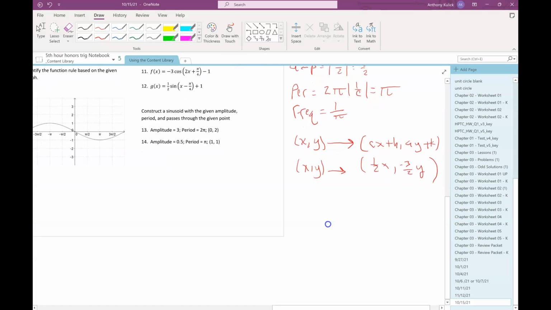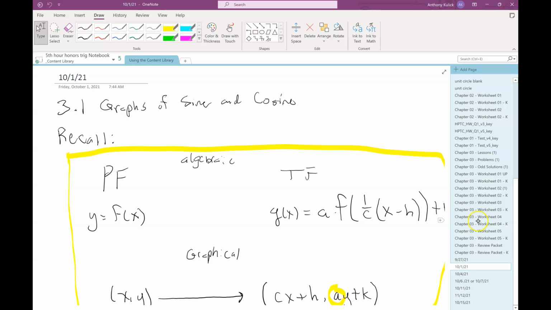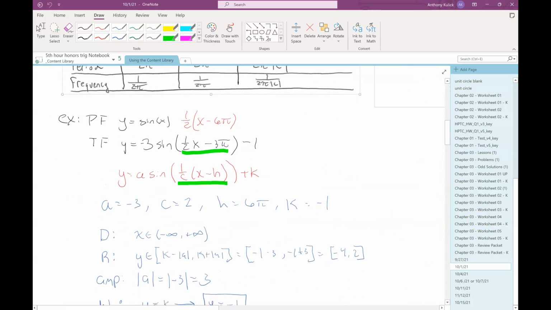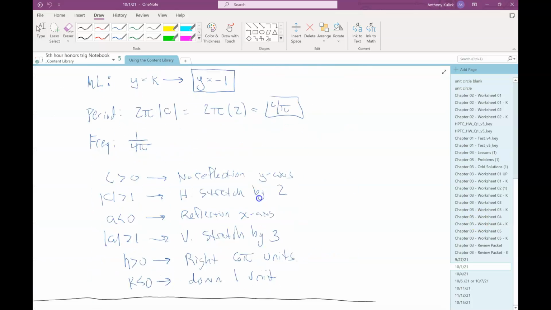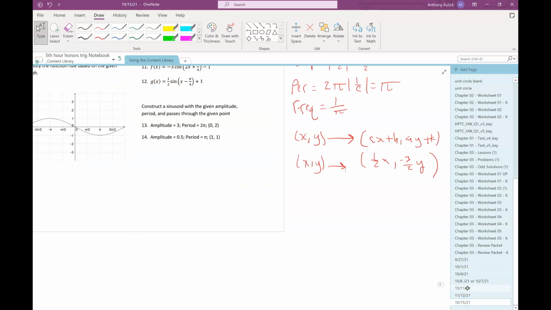And now I'm going to use that transformation map on the key points for cosine. So if you went back and looked at lesson 3.1, the very first one, we have our key points from cosine. These are not things I'd expect you to memorize. I have them memorized because I've been doing this for a long time, but that's where I'm pulling these numbers from.